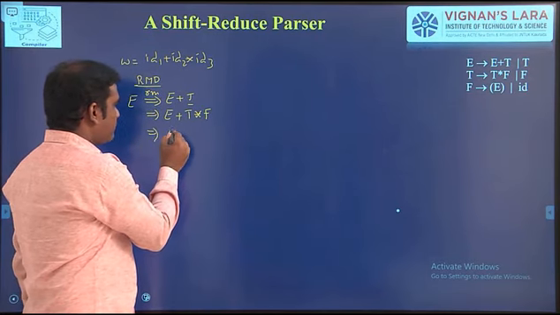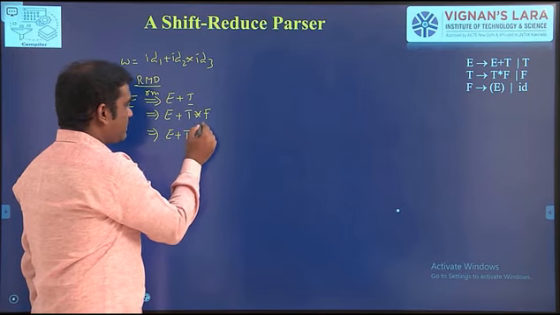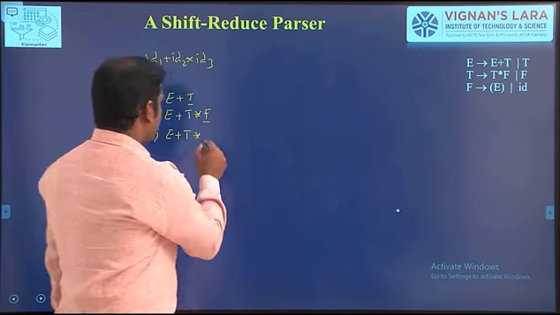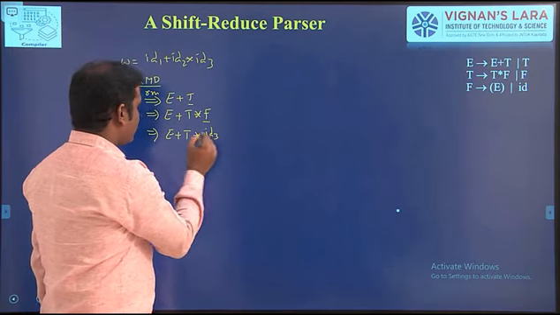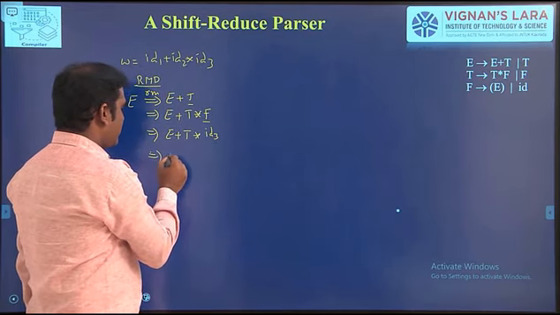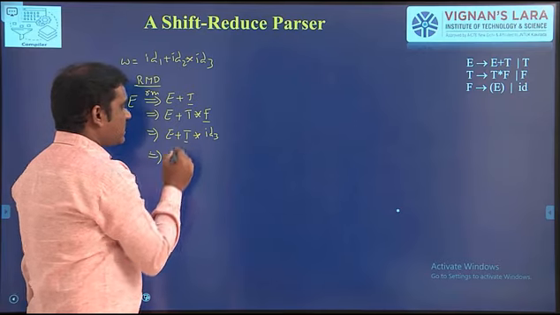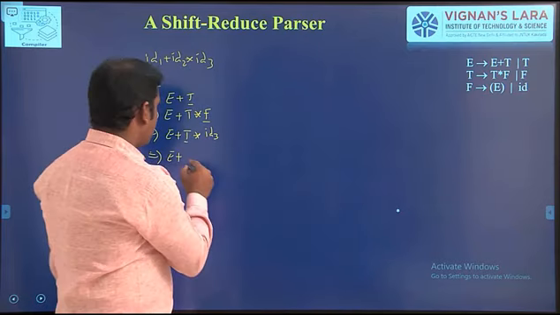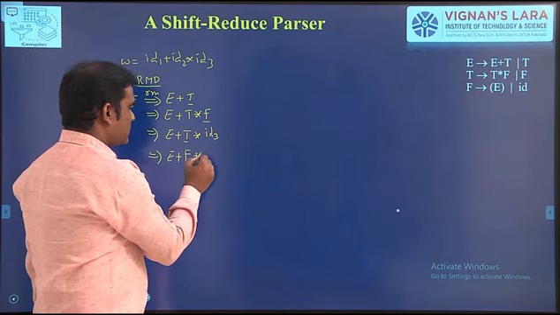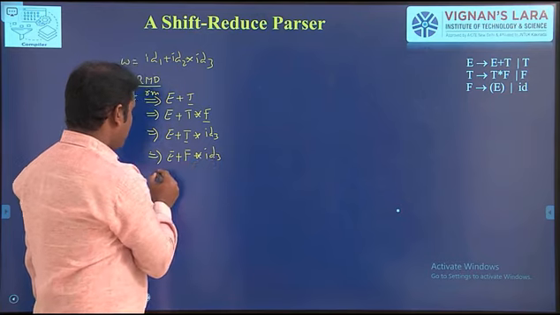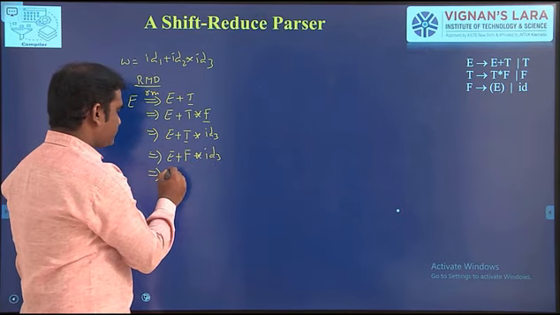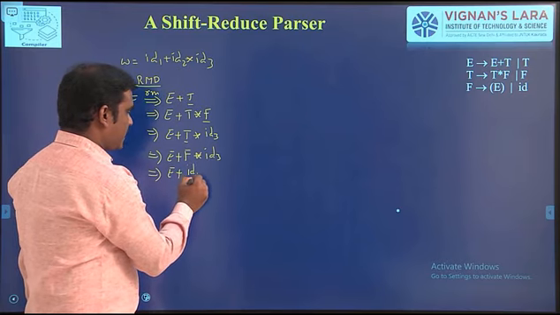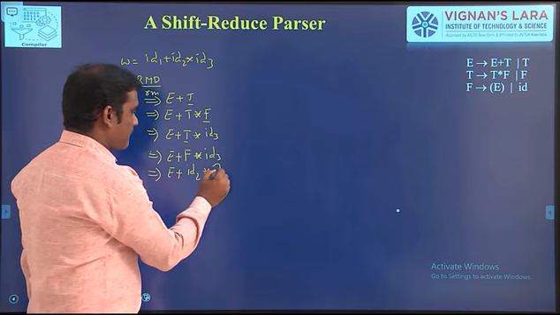Next, E plus T star, because F is a non-terminal symbol and F is replaced with id. So this is id3. The next one is E plus, the next non-terminal is T. Now T is replaced with F, so F star id3. And the next one is E plus, F is replaced with id, so id2 star id3.